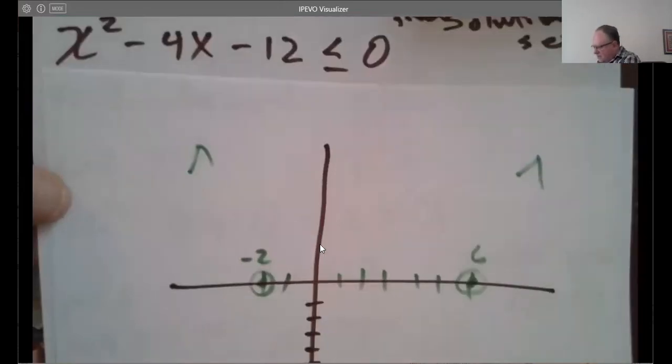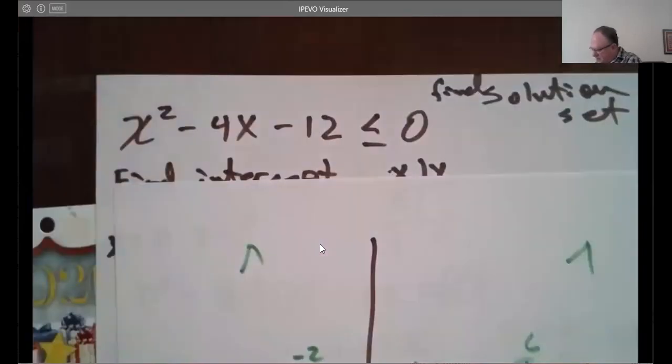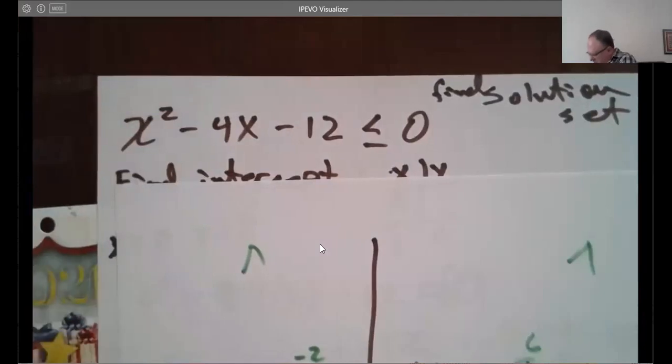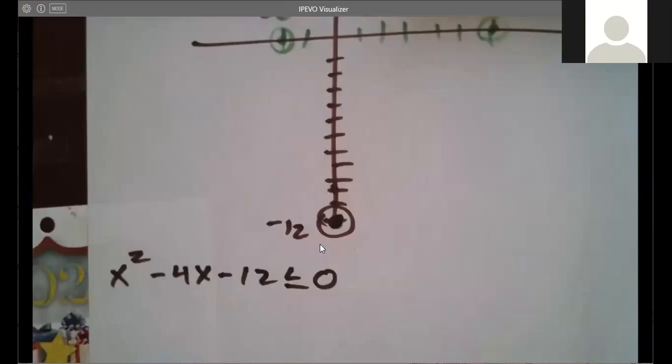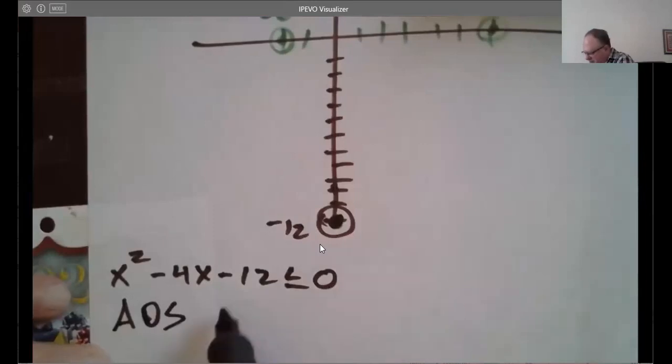Okay. So here's our equation, and we want to find the axis of symmetry and the vertex. So I'm just going to rewrite that down here: x squared minus 4x minus 12 less than or equal to 0. So we want to find the axis of symmetry, we'll abbreviate AOS. x equals negative b over 2a, right?